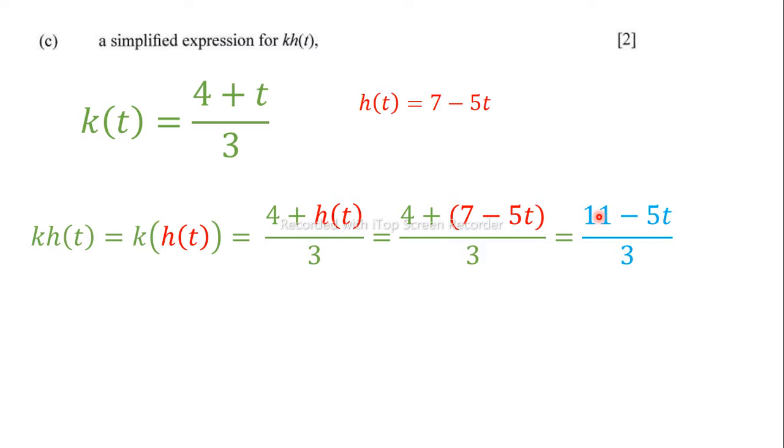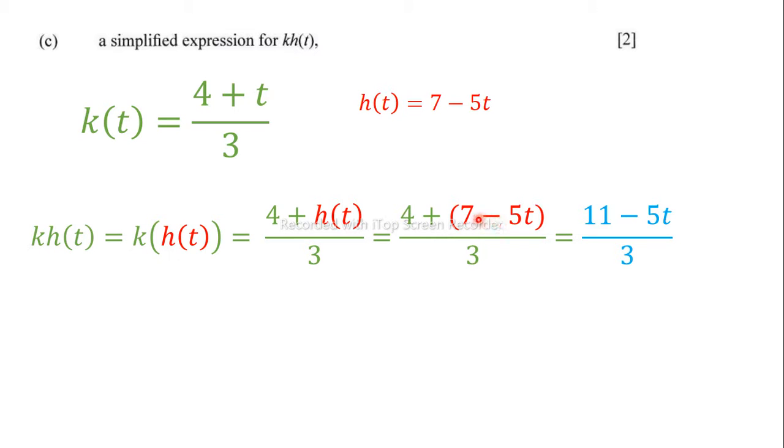Is that clear? What part don't you understand? They're not like terms. We can't do anything with them now.